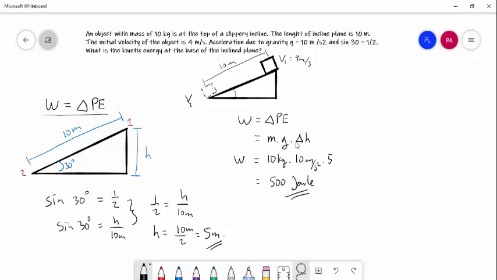After we know the work, we can find the kinetic energy at position 1, the initial position, which is half times mass times velocity squared. It equals half times 10 times 4 squared, which equals 5 times 16, so the kinetic energy at position 1 is 80 joules.